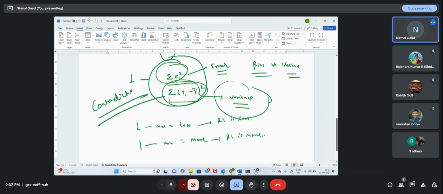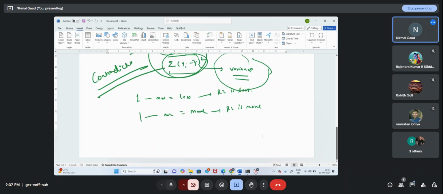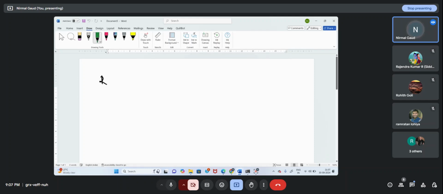However, in this particular case, what you have to understand related to R2, because R2 score explanation, not everyone goes into this much depth.